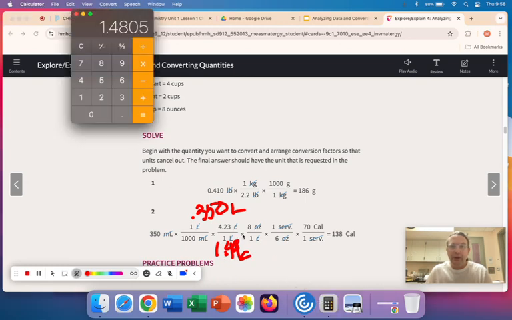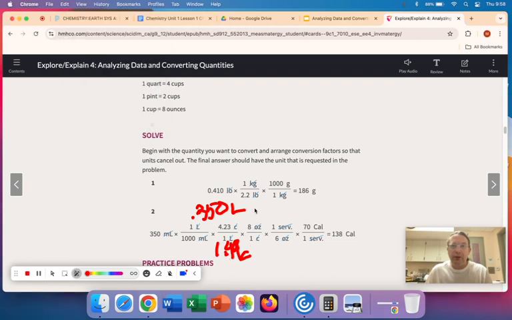And if I relate cups to ounces, there are 8 ounces per cup. So if we multiply that, 1.49 cups is equal to 11.9 ounces. And then it said in our problem, 1 serving is 6 ounces.